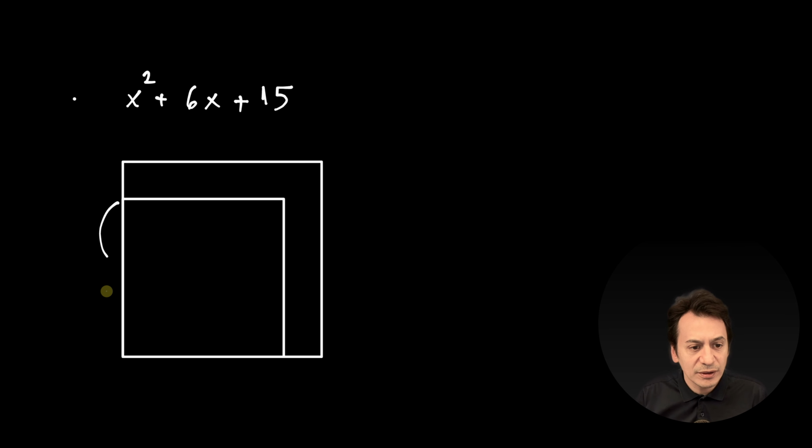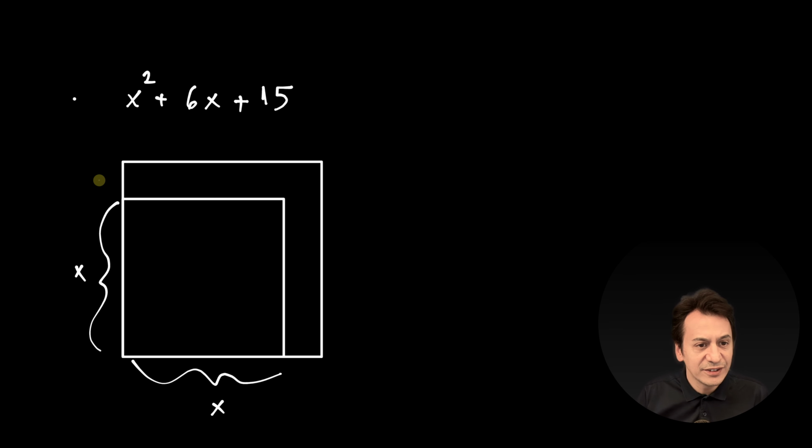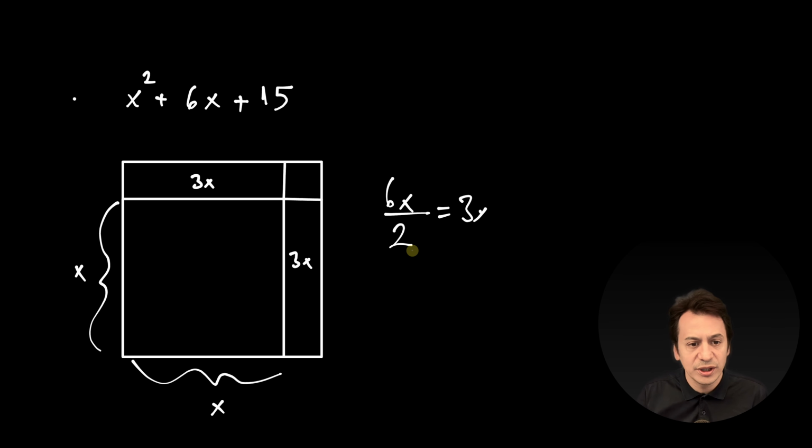So let's call this side length x and this side length x, and now this 6x comes from this rectangle on the right and the rectangle at the top. So it's shared by two rectangles with areas 3x, because when I divide 6x by 2, now it's 3x.